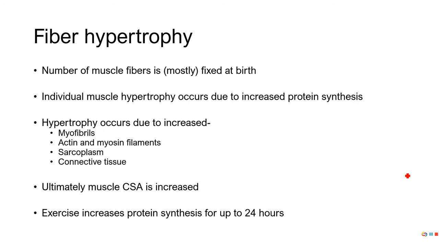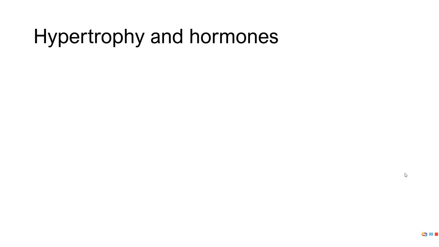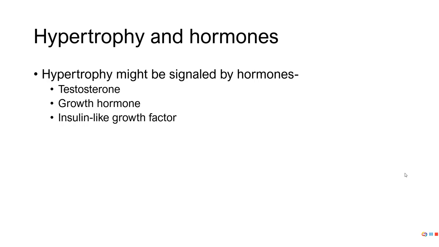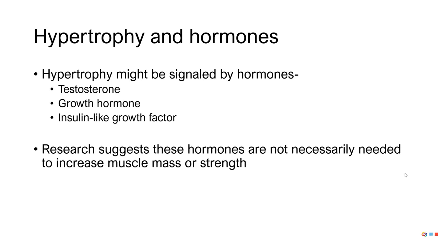So there you go. What causes hypertrophy is not completely understood. It might be due to the release of hormones such as testosterone, growth hormone, and insulin-like growth factor, but there's some research that says maybe these hormones aren't needed.